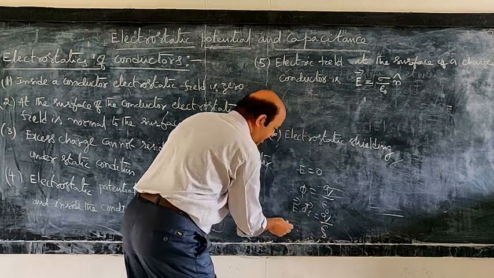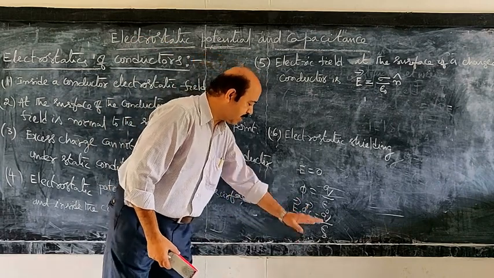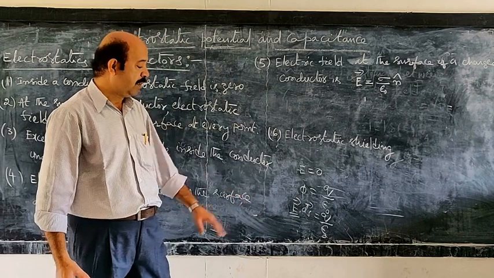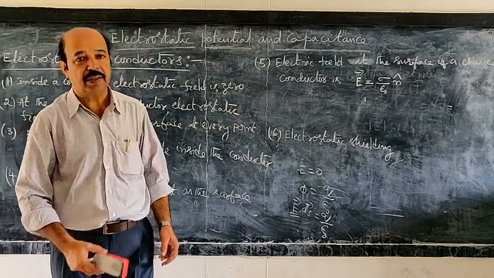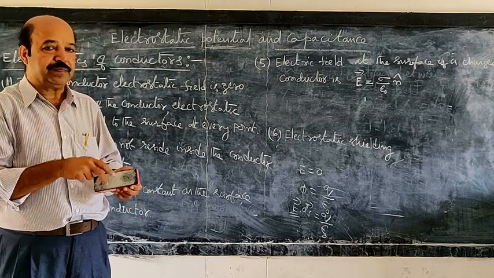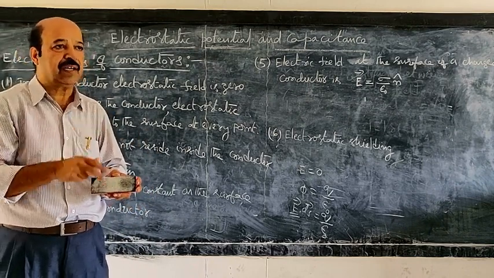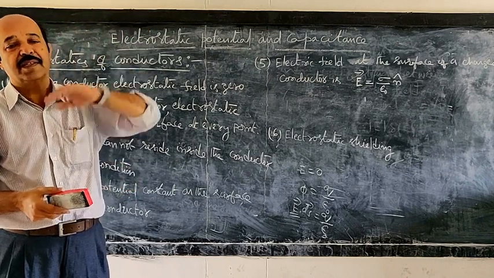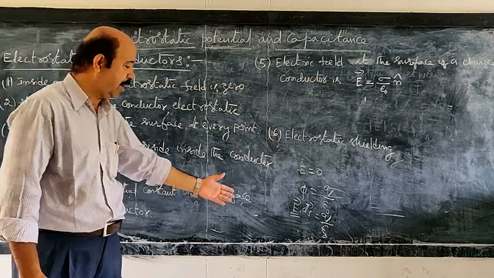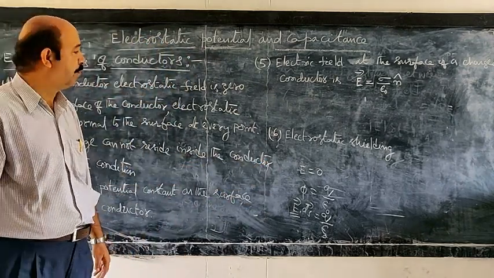If the electric field is zero, then this relation tells us that Q must be zero. Otherwise, the electric field cannot be zero. Therefore, since the electric field inside the conductor is zero, any charge given to the conductor must go to the surface only. It cannot reside inside. That can be proved from this simple relation.